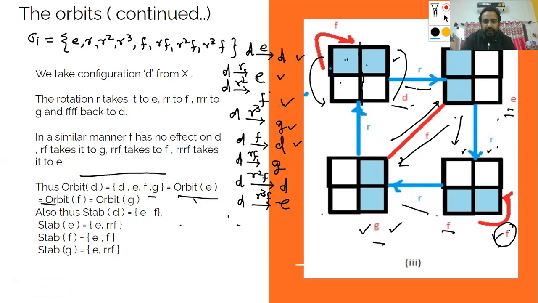And now the next thing we have to figure out is, what are the elements of G which keep D at D?